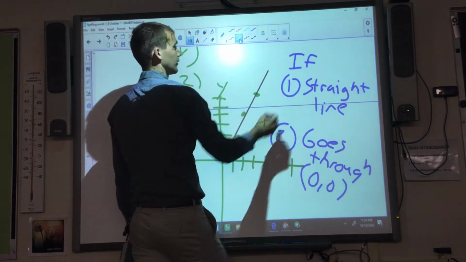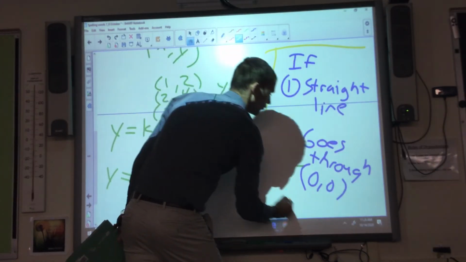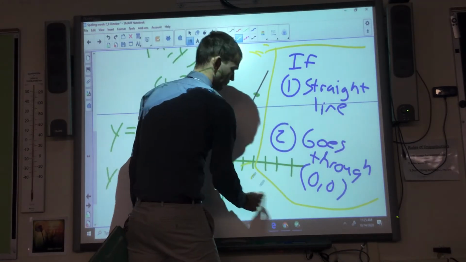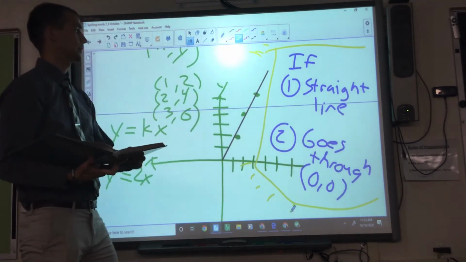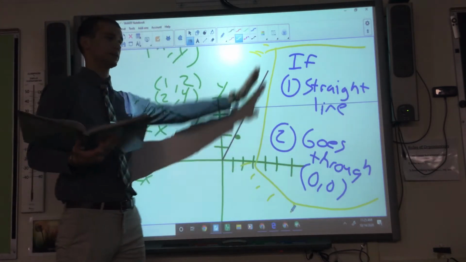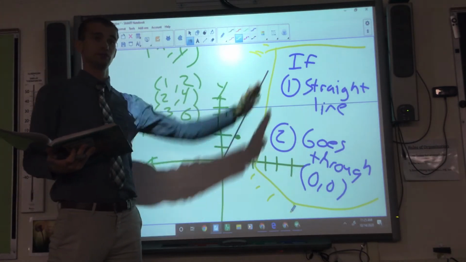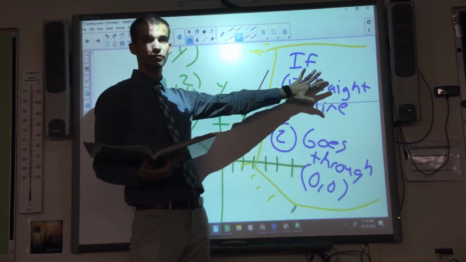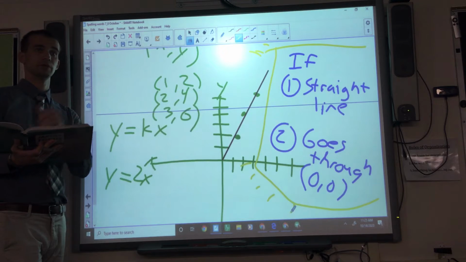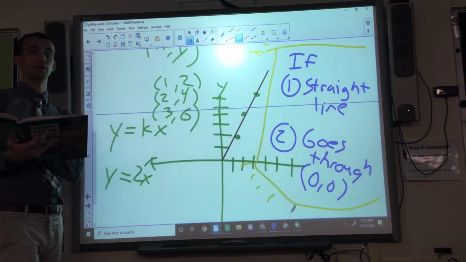This you want to star it, write it down, whatever it is. That's one of, if not the most important things you're going to have in this section. If it is a straight line and if it goes through 0, 0, then it is a constant of proportionality. You know that it's going to be directly proportional. One, it's a straight line. 2, it goes through 0, 0. Give me a thumbs up when you got that written down, because you're going to need to know it.